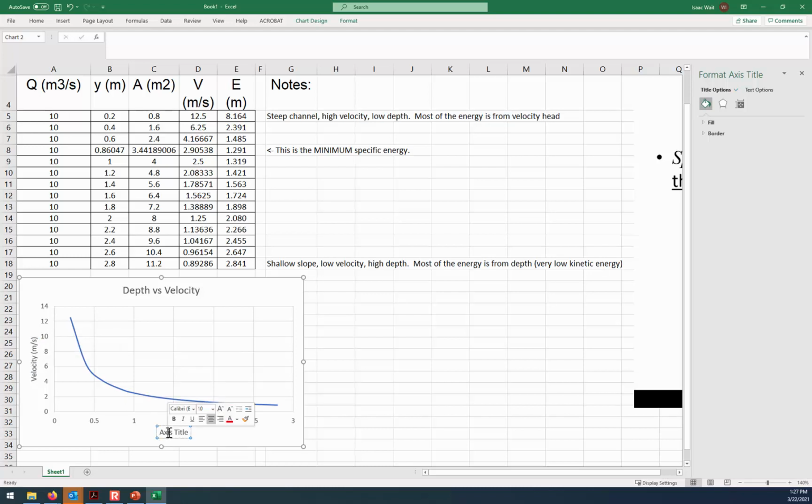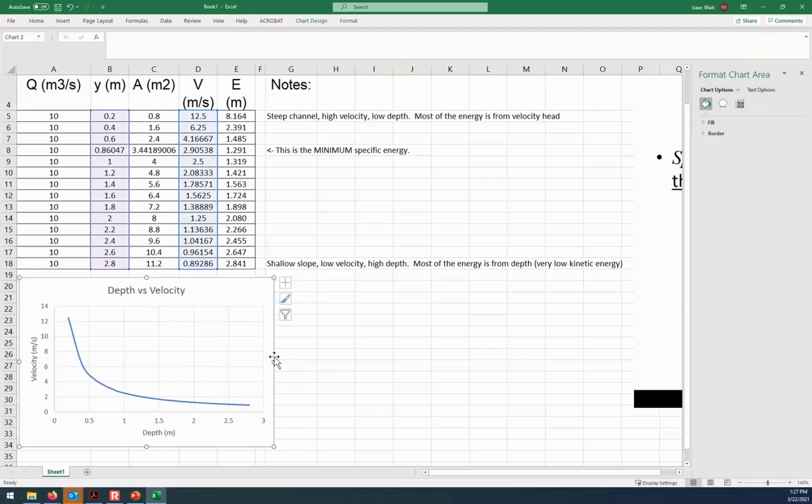And here is the depth in terms of meters. Now, this is a good graph, it just shows that you can either have a lot of velocity or a lot of depth to accommodate the same flow. And that's some of the same conclusions we came to here in the notes.